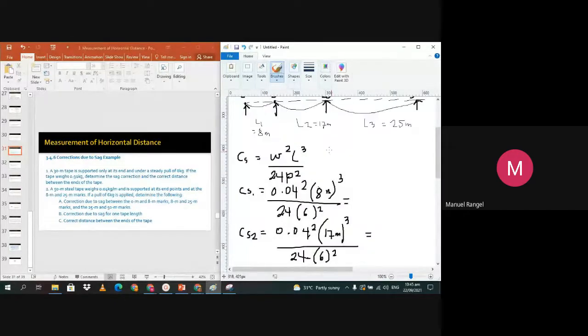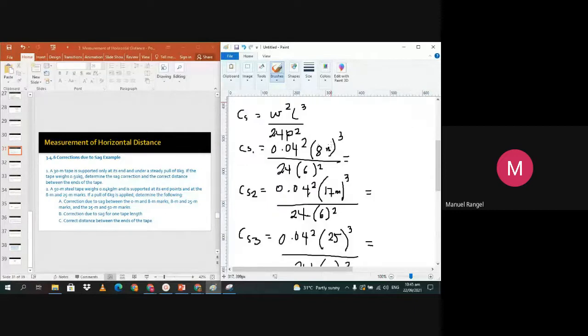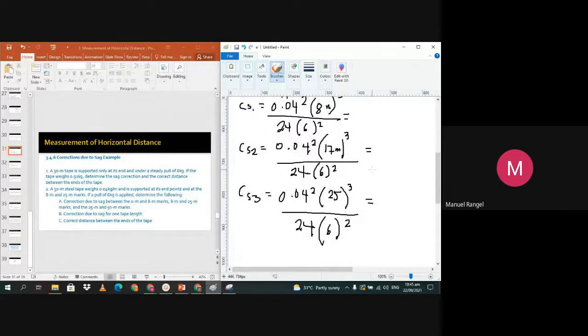So correction due to sag from 0 to 8, then 8 to 25, and 25 to 50. So anyone? CS1, what is the value of the correction due to sag? 0.0001. Okay. 0.04 squared times 8, times 6 squared.